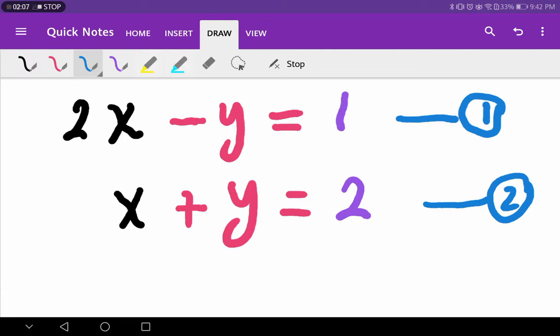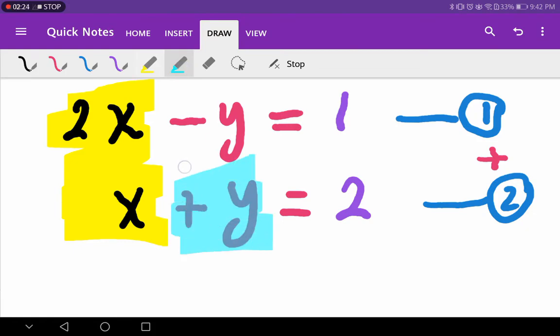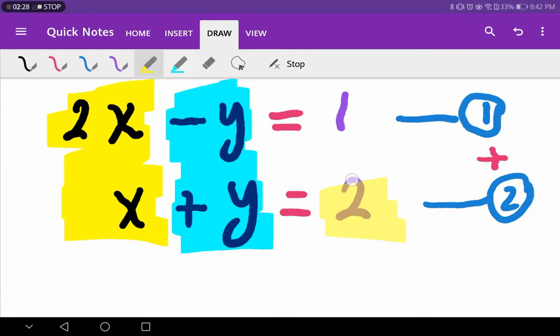Now I will add equation number one plus equation number two. That means I will add the x's together, and the y's together, and the numbers also together, in the same order.